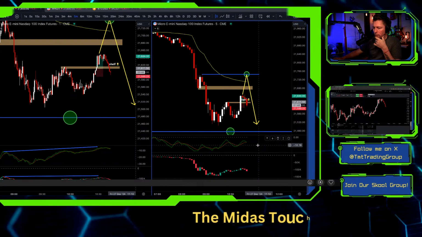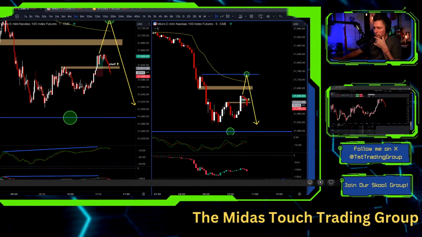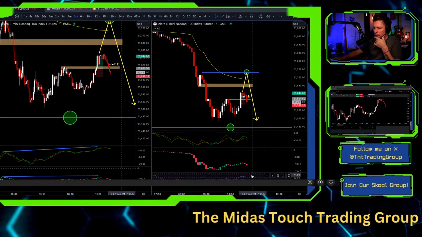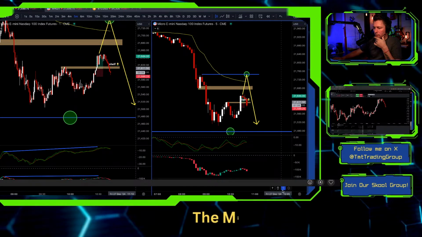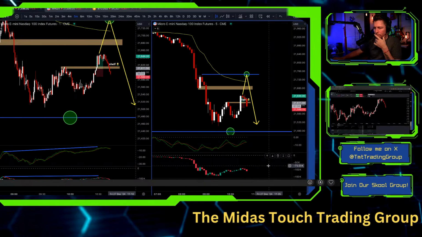So a little bearish divergence there. Money flow is still looking good. Everything's looking good. Let's see. Yeah, that's nice. Still looking good on volume.